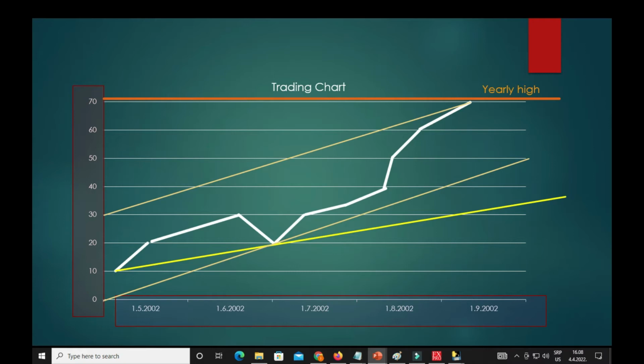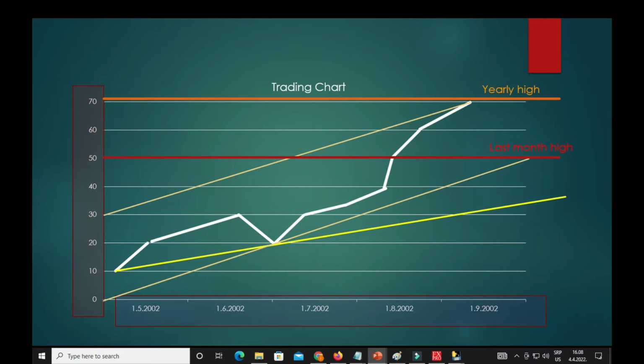For example, let me go further. I can draw a new red line. This red line, for example, let it be the last month high. So I have the yearly high, last month high, I have a trend line, I have a pitchfork or any kind of channel indicator. And right now we can see something very interesting. Do you see intersections?